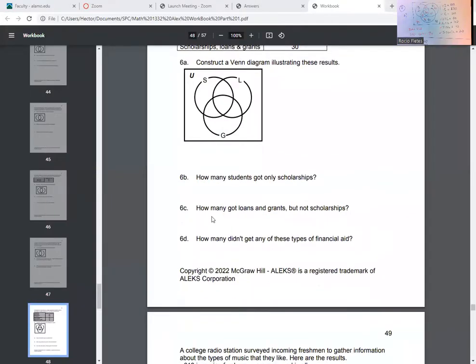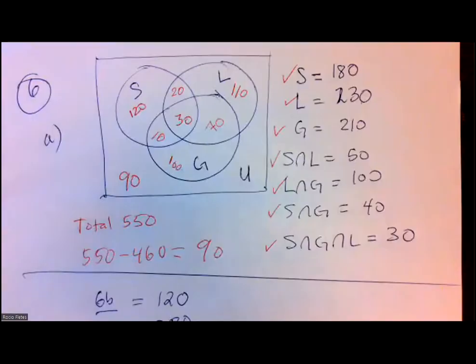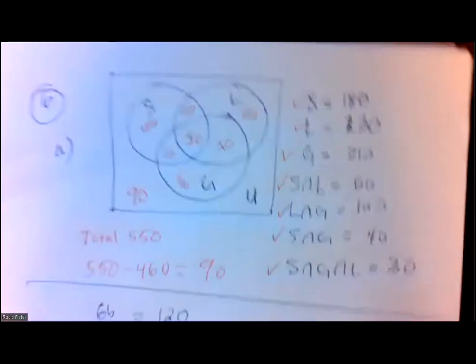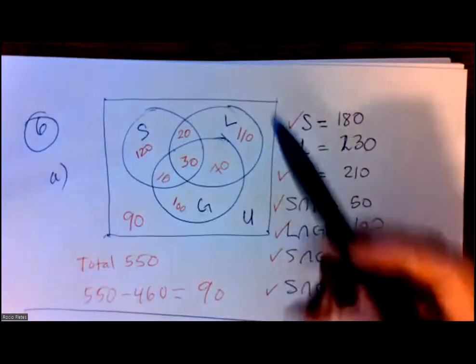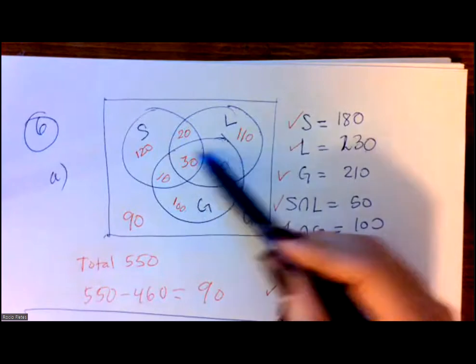You know, 6C, it says, how many people got loans and grants. So I mistook that for or. Loans and grants is referring to the overlap of loans and grants, but not scholarships. So back to the question, loans and grants, but not scholarships, we are in this part, right? Loans and grants is right here.